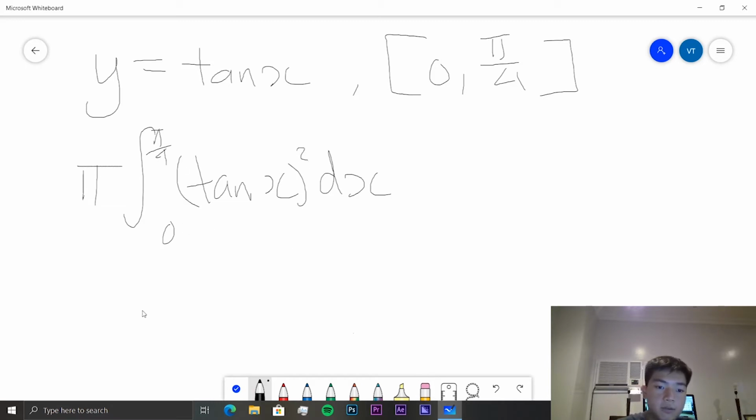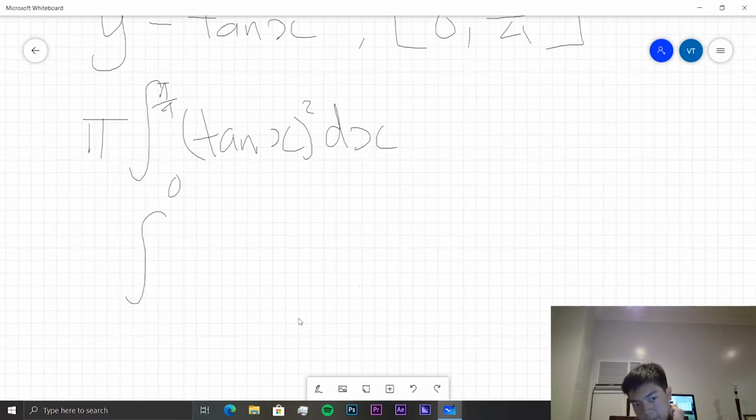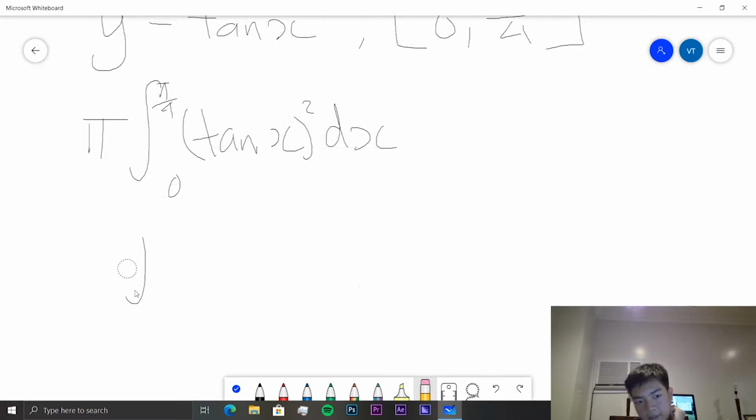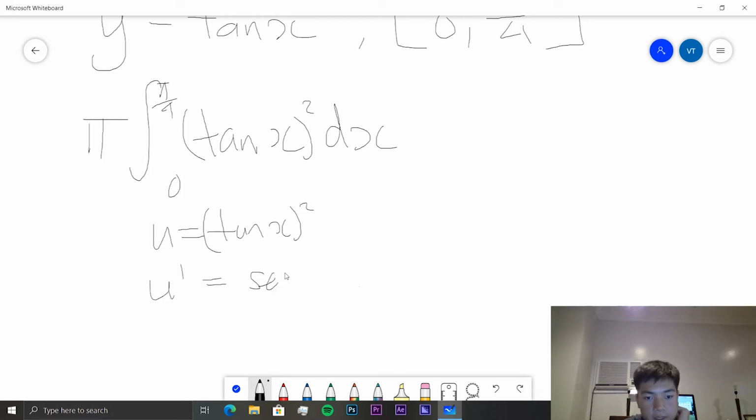If we label u is equal to tan squared x, then u prime is equal to 2 secant squared x tan x. V prime is equal to 1, v is equal to x.